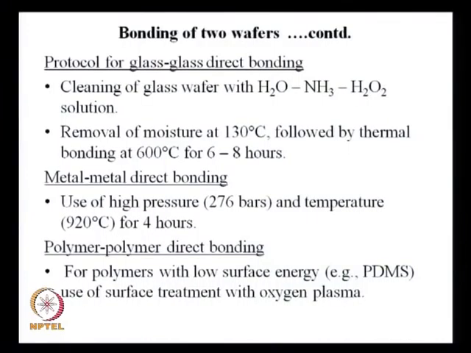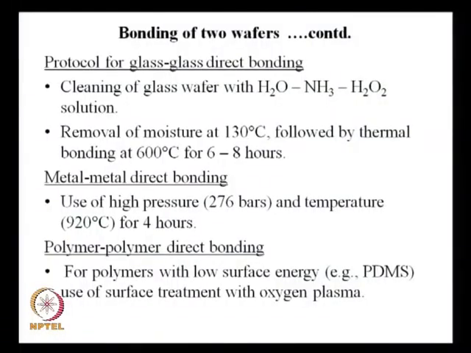However, because of the low surface energy of PDMS that we discussed before, which you take advantage of by peeling the PDMS layer from the mold, that same problem, the low surface energy, can be improved by treating the PDMS layer in oxygen plasma. Put it in a plasma asher and use oxygen plasma, so that the surface is treated.